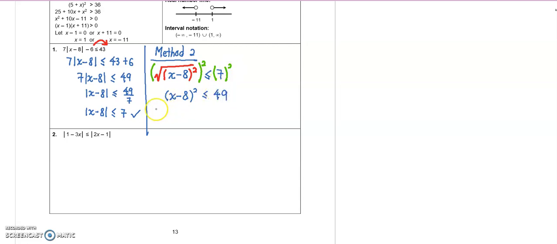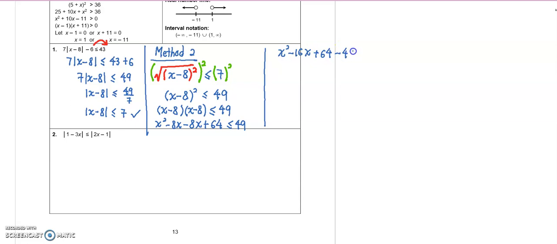So here I should have x squared minus 8x minus 8x plus 64, which is less than or equals to 49. Then I try to simplify: x squared minus 16x plus 64 minus 49, which is less than or equals to 0.